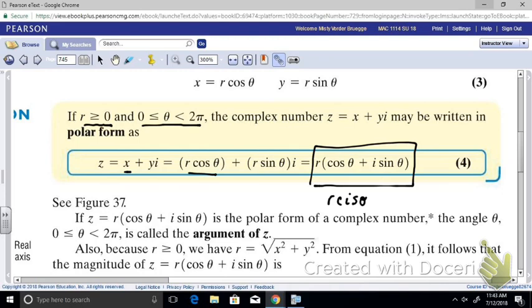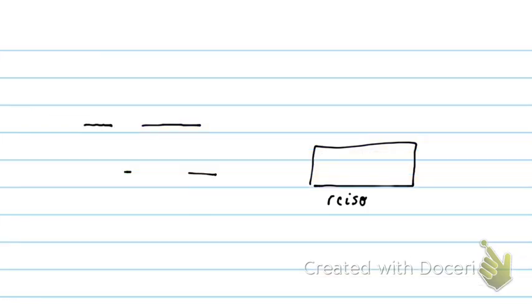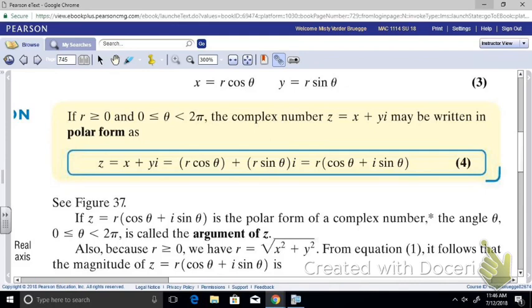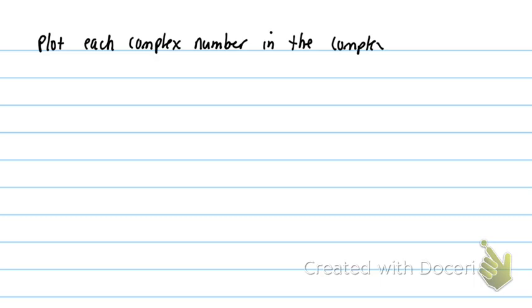Okay, so I'm going to look at the first example with you all. So here's the instructions. And it says, plot each complex number in the complex plane and write it in polar form.